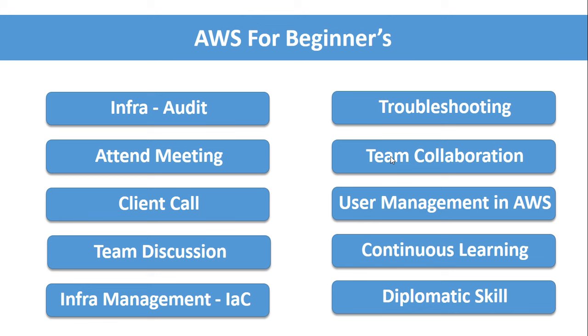Diplomatic skill is just another point. Sometimes you might face this issue, or not, I'm not sure, but there might be some project manager, team members, or team lead who unnecessarily cause you trouble. There might be a fault in their coding or something, but they try to blame you, like the deployment failed or something.